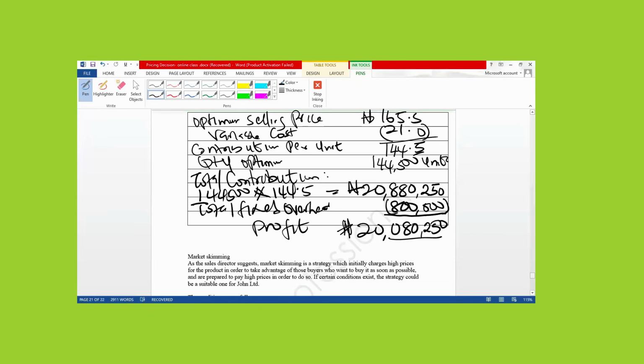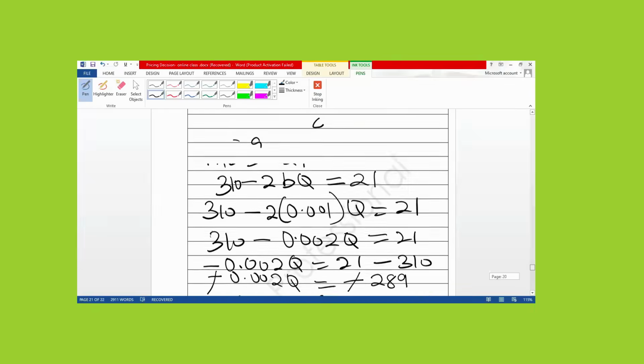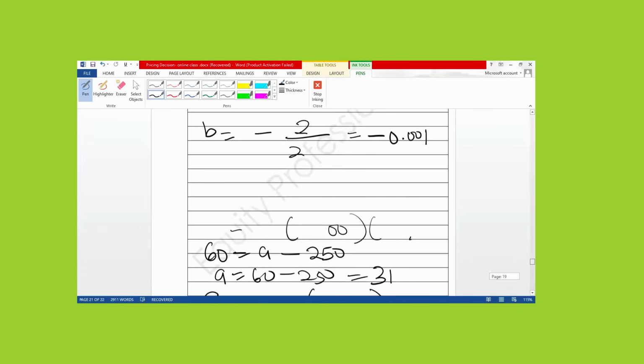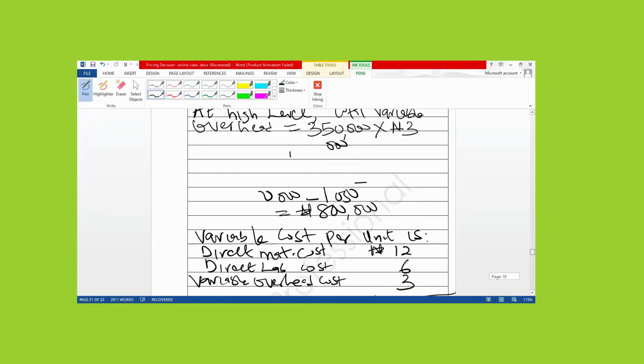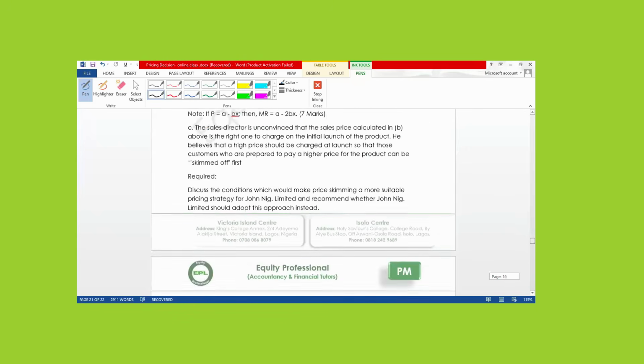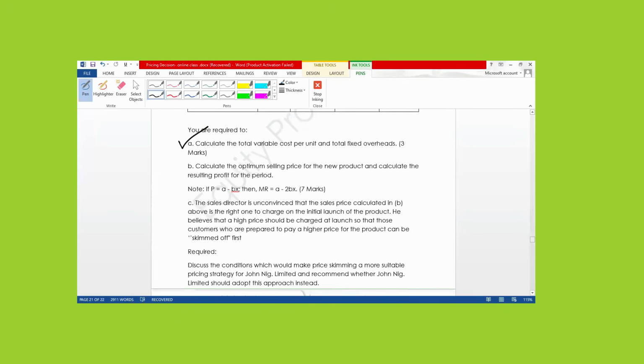Requirement C is theory, so no issue. The sales director is unconvinced that the sales price calculated in B above is the right one to charge on the initial launch of the product.